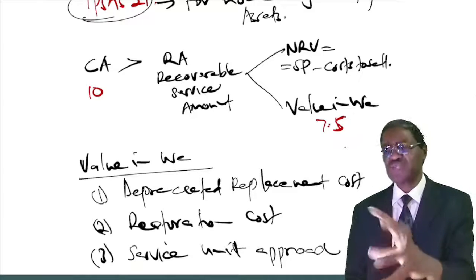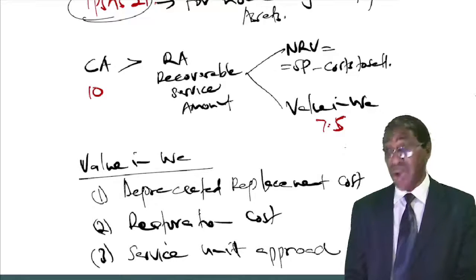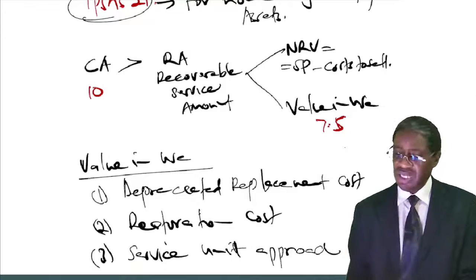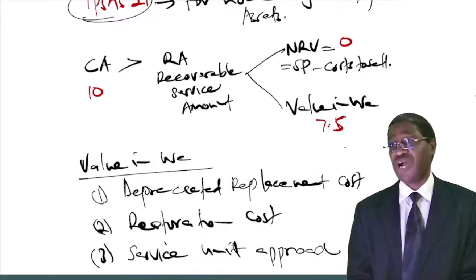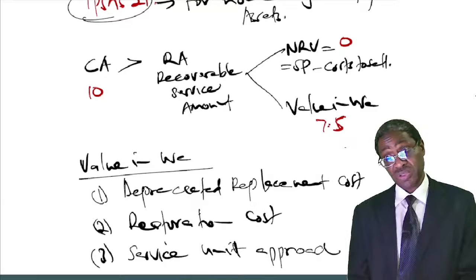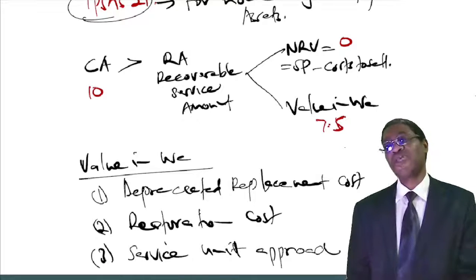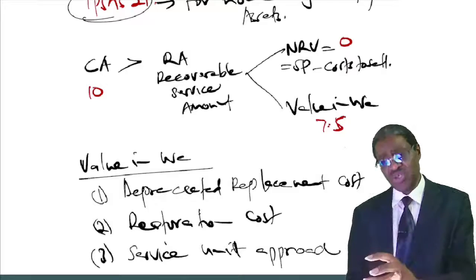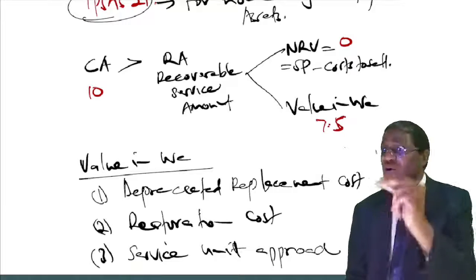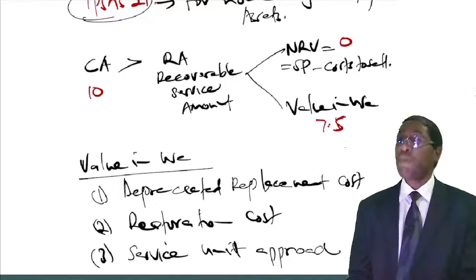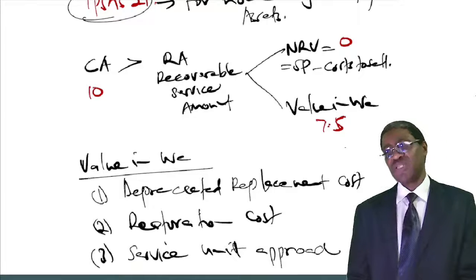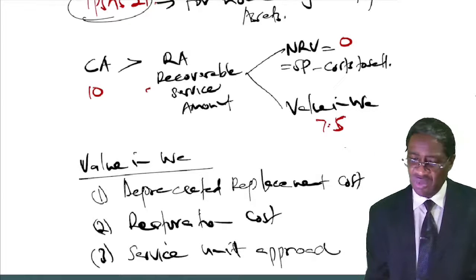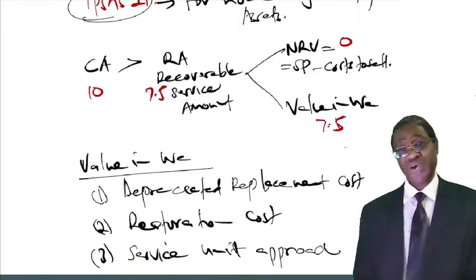Therefore, in most cases, you may not find a buyer, meaning it could have a net realizable value of 0 because you can't get a buyer. Now, assuming that is 0, you know the value in use is 7.5. Whichever of the two is higher, pick it to become the recoverable service amount, which in our case is 7.5.